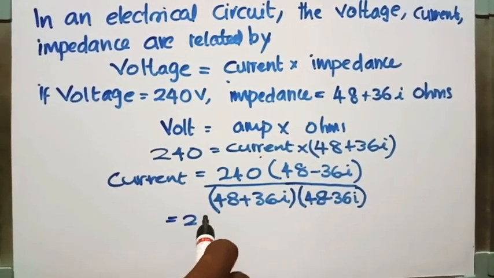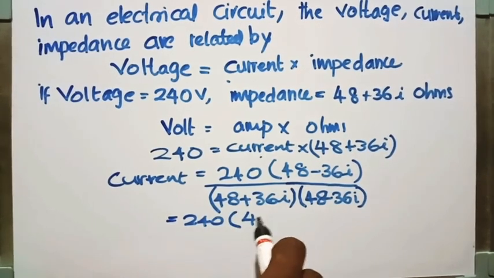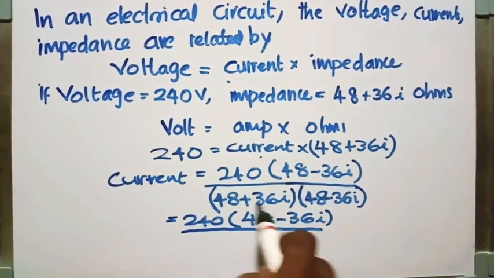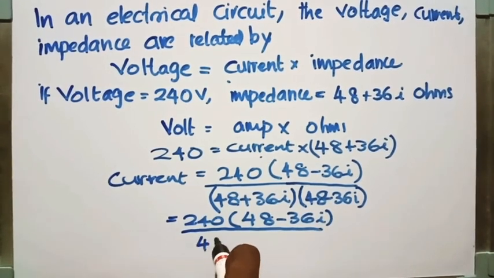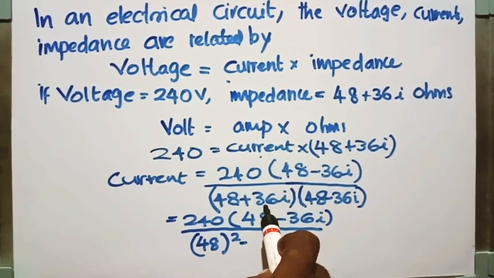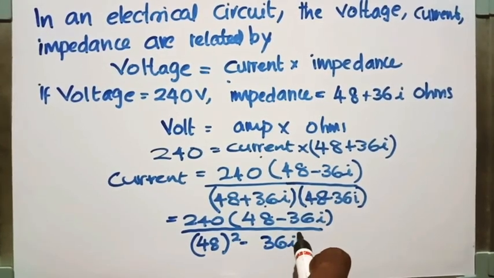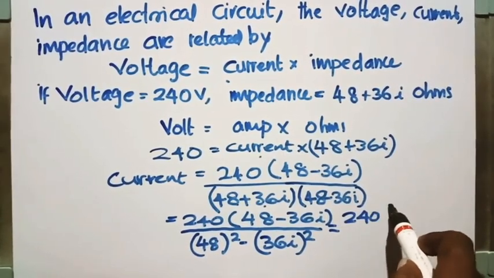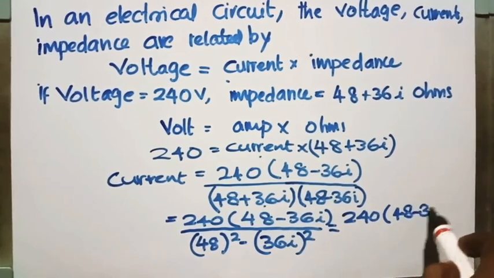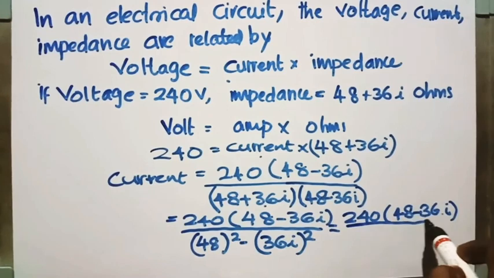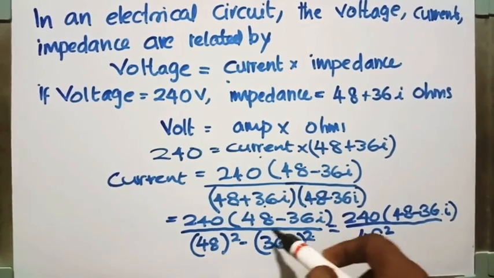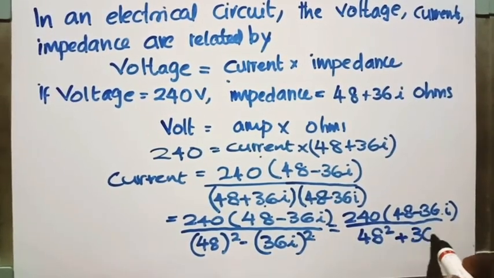We get 240 of 48 minus 36i, all divided by a plus b into a minus b, that is 48 squared minus 36i squared, which is equal to 240 of 48 minus 36i divided by 48 squared. i squared is minus 1, so minus into minus becomes plus 36 squared.